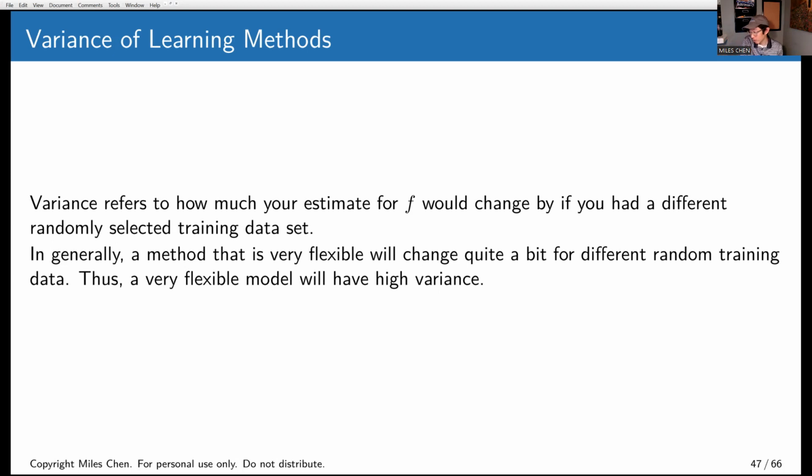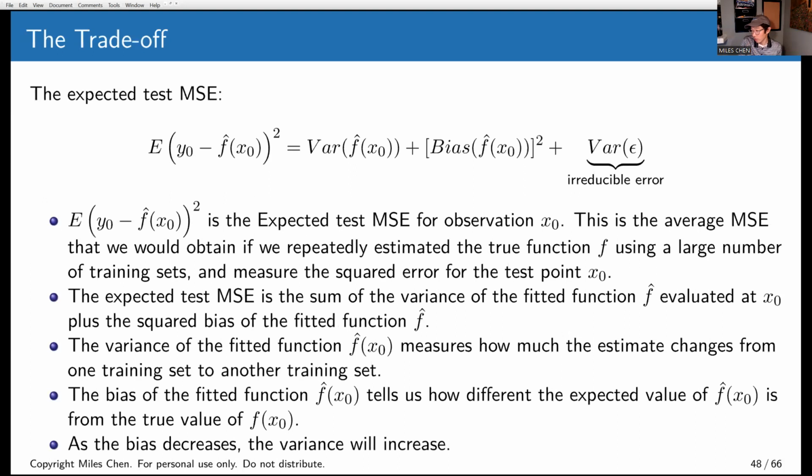So a method that's very flexible could end up changing quite a bit for different random training data, and so you're going to have high variance. Okay. So, mathematically, this can be expressed as this. This is the difference between the actual observation value and our predicted value for that.